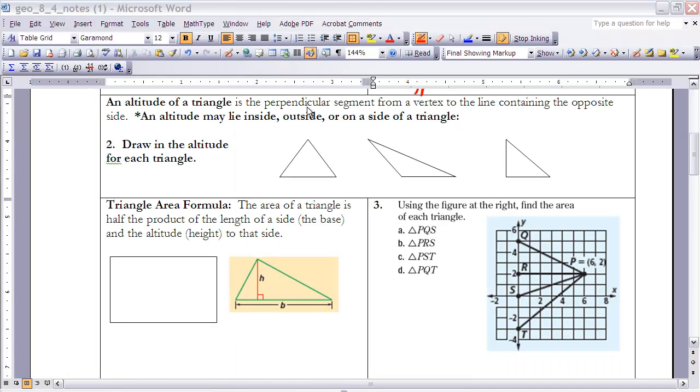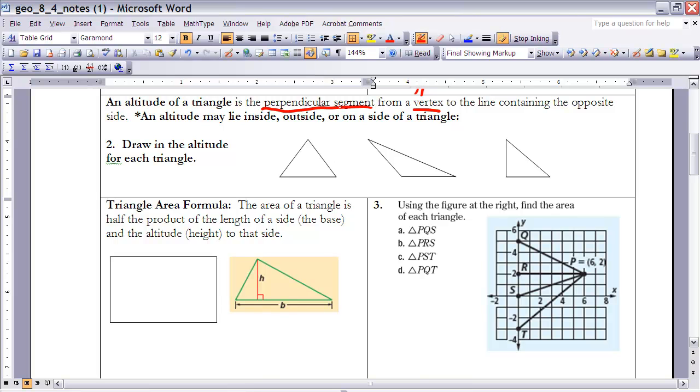Alright, a term as we work with triangles that we need to be familiar with is the term altitude. Altitude and height are usually used interchangeably, but when we refer to an altitude of a triangle, we're talking about a perpendicular segment that goes from a vertex to the line containing the opposite side.